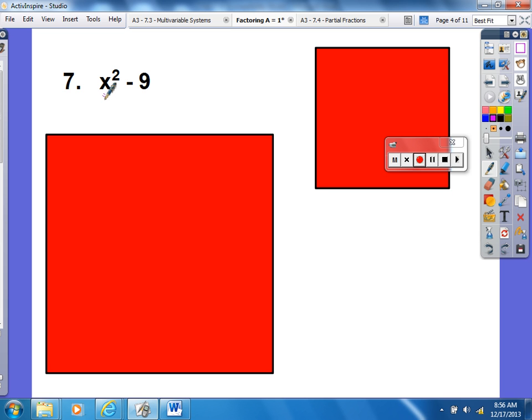So in this case, it would be x minus 3, x plus 3. That makes sense? Okay. And this is actually called the difference of perfect squares. X squared is a perfect square, and 9 is a perfect square because 3 and 3 make 9.